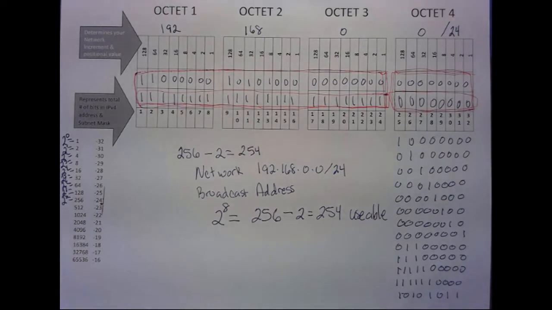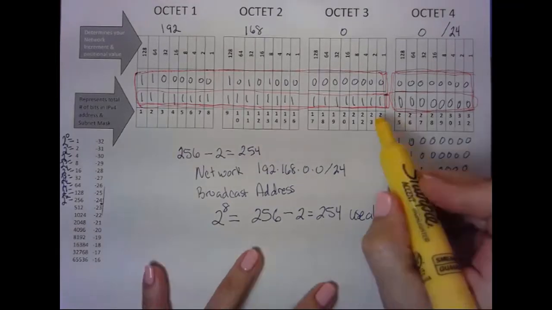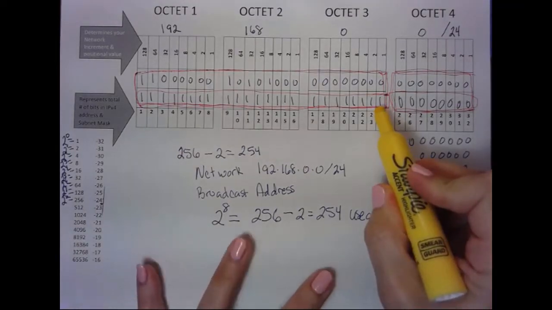So the magic number is basically the bit position value of wherever the last subnet mask bit is. Okay, so let me say that again. It's wherever the last subnet mask bit is.